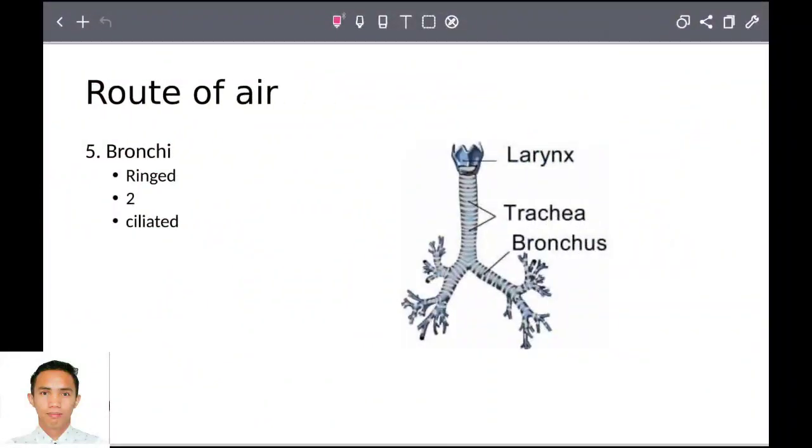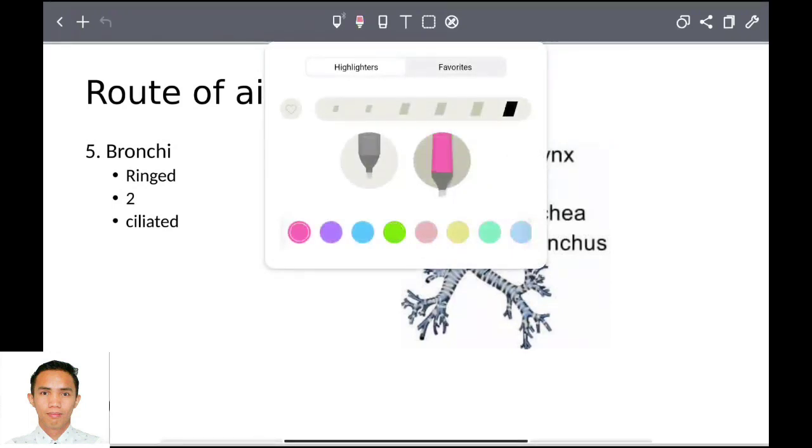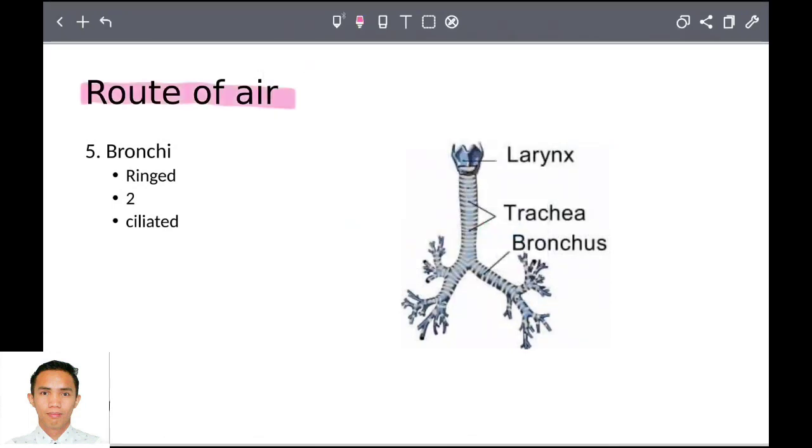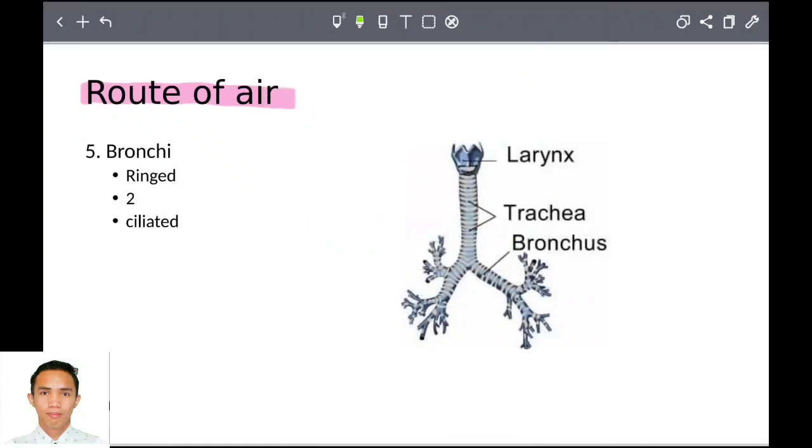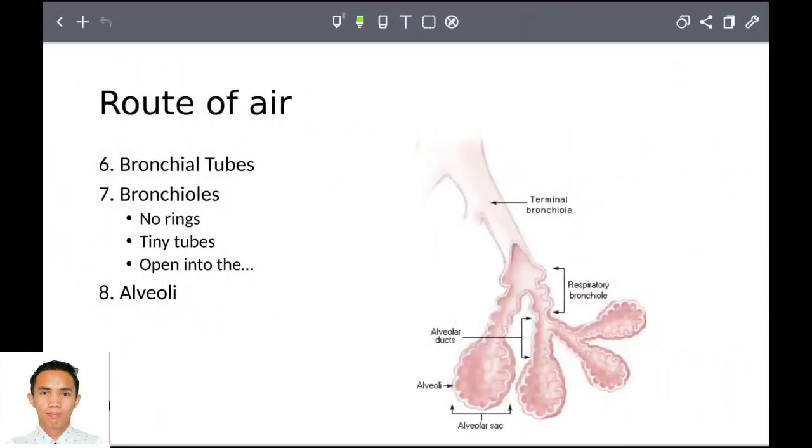Let's go to number 5. We have the route of air. Then we have the bronchi, with rings. Then we have bronchial tubes.